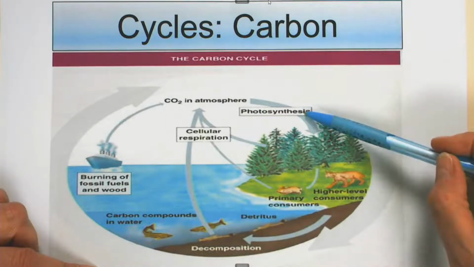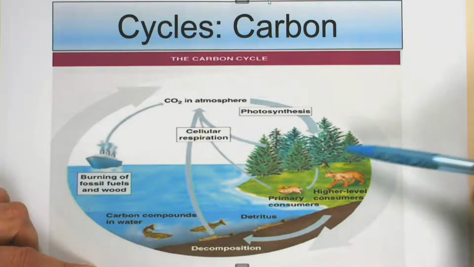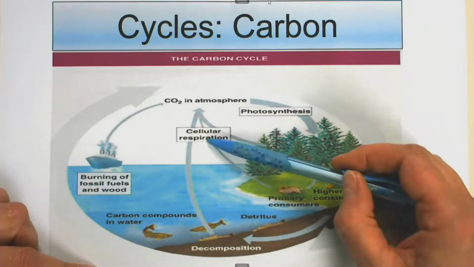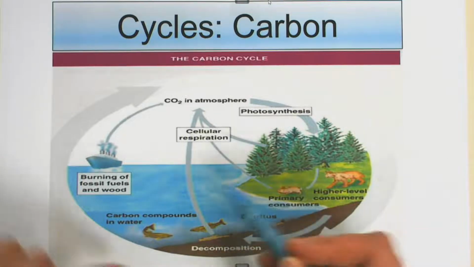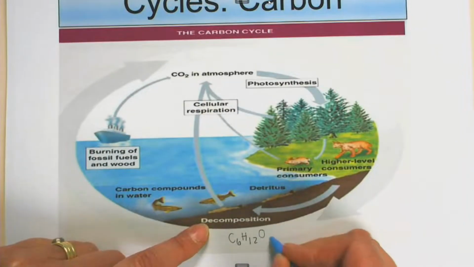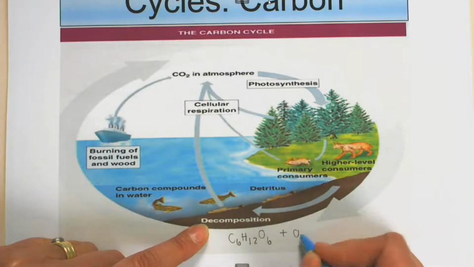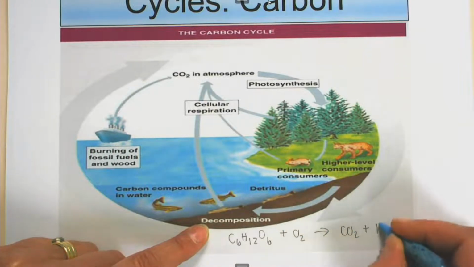What is photosynthesis? That's the process where plants use CO2 and water to make glucose and oxygen. What is cellular respiration? That's happening inside the animals to get energy. Cellular respiration is when we use C6H12O6, you can't see, plus oxygen, and that makes CO2 plus water.